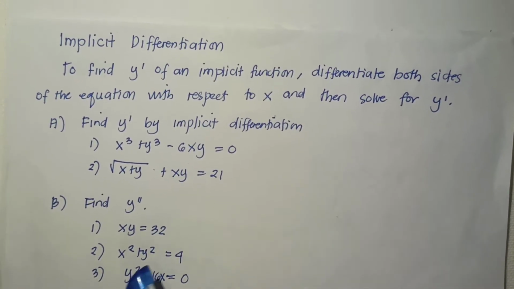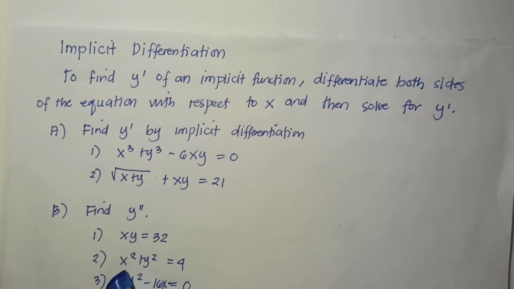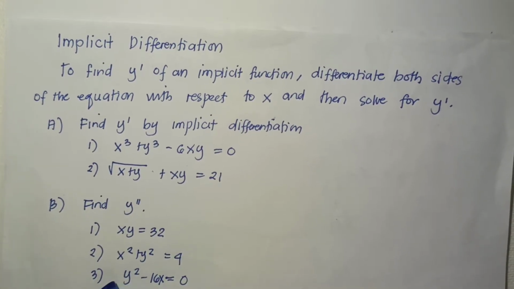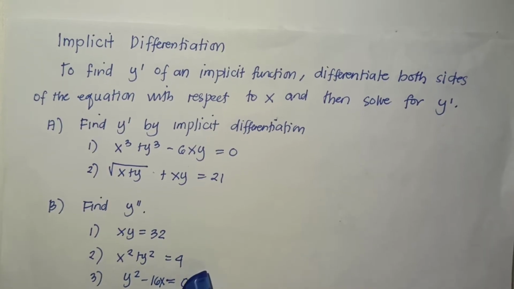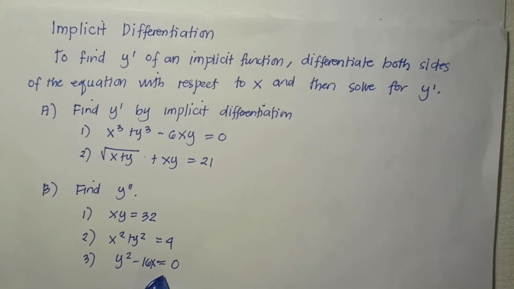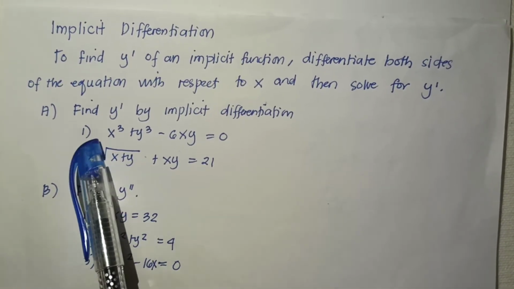Set B is: find y double prime, or the second derivative. Number 1 is xy equal to 32, number 2 is x squared plus y squared equal to 4, and number 3 is y squared minus 16x equal to 0. So we'll begin with number 1.